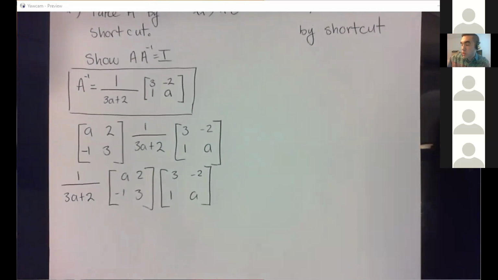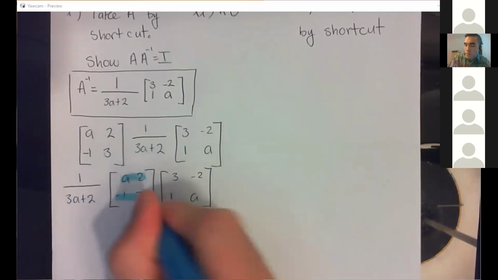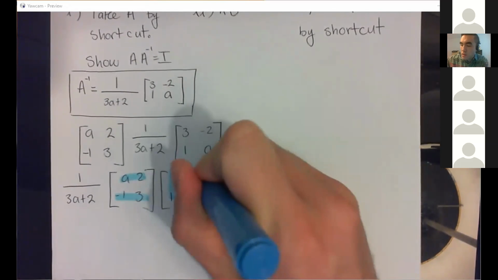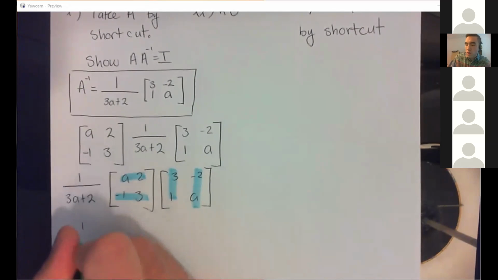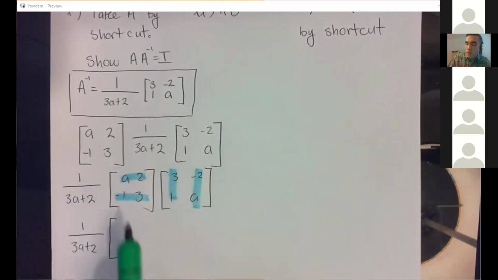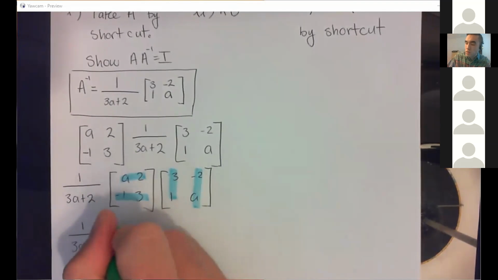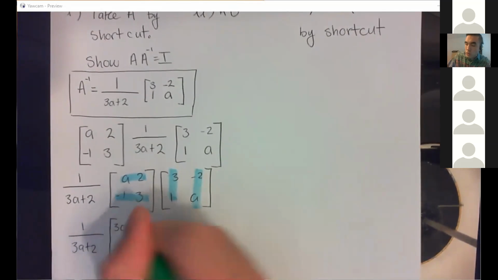And when we do matrix multiplication, it's going to be row by column. So I'm going to take these rows and hit them against these columns. And so our product is going to be 1 divided by (3a + 2), multiplied by the quantity of a times 3, which is 3a, plus 2 times 1, which is plus 2.